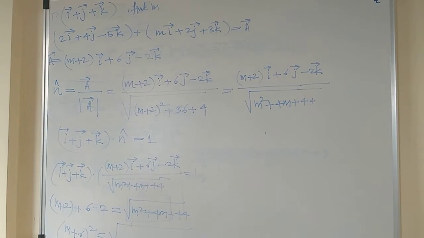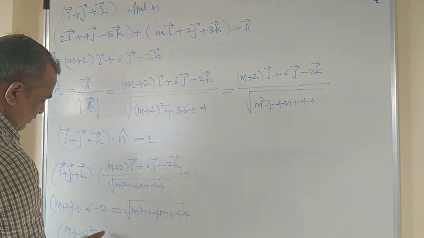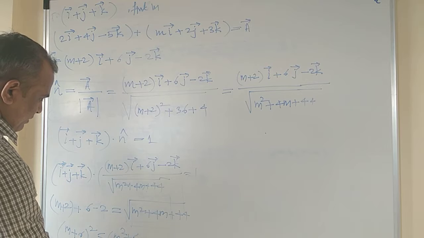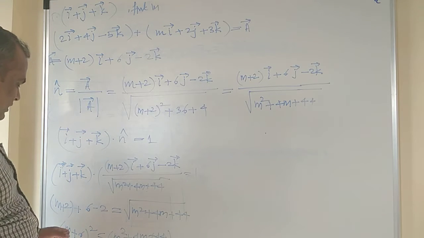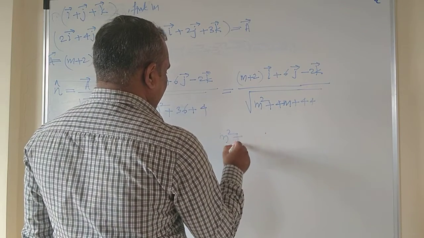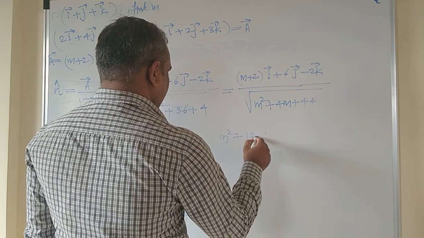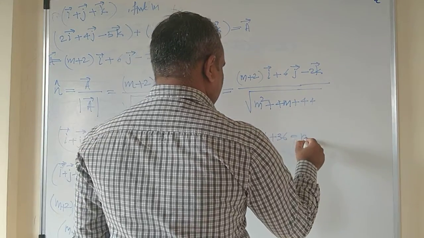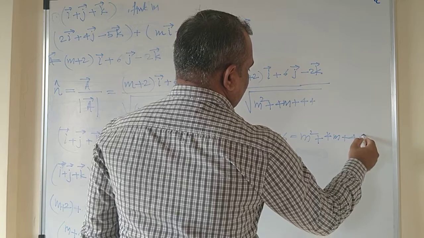Now the square root will not be there, and this will be m square + 4m + 44. If you take the square on the left hand side, you will get m square plus 2ab, that means 12m + 36, equal to m square + 4m + 44.